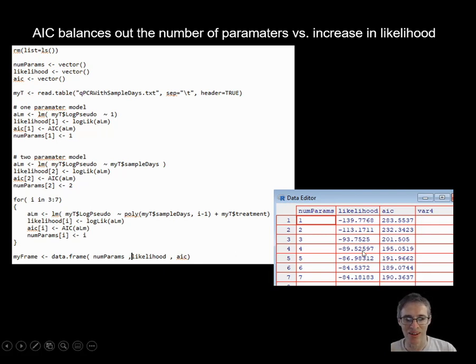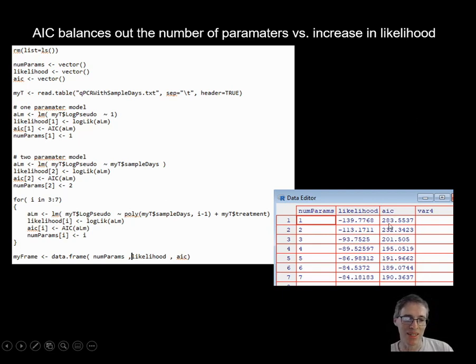Which means the sum of the log likelihoods will go towards 0, right? But the AIC doesn't always get better, right? So in terms of getting closer to the data and maximizing the likelihood of the model, more parameters will always make the model more likely.